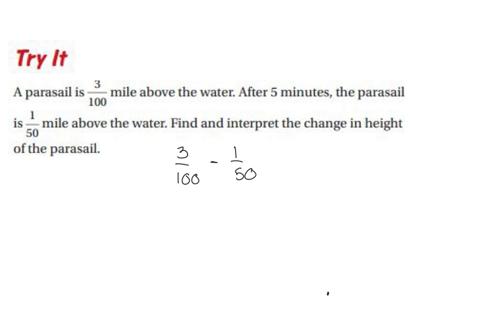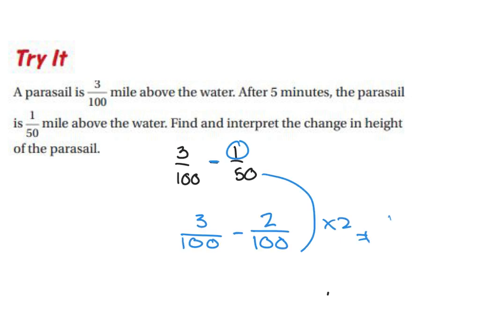They're both above the water, so both of our numbers are going to be positive. However, we are subtracting. We need a common denominator, which is going to be 100. 50 times 2 is 100, so 1 times 2 is 2. And 3/100ths minus 2/100ths is 1/100th miles.